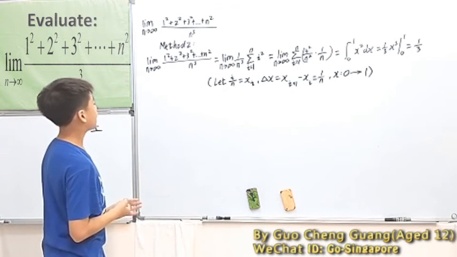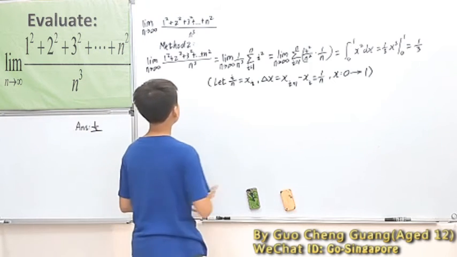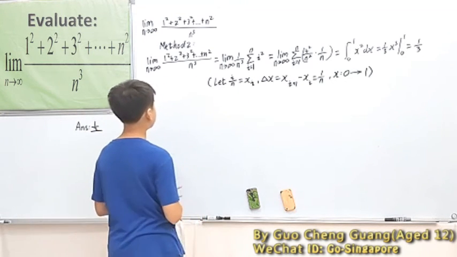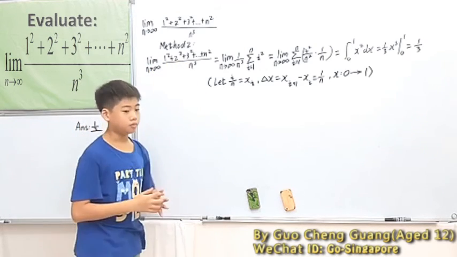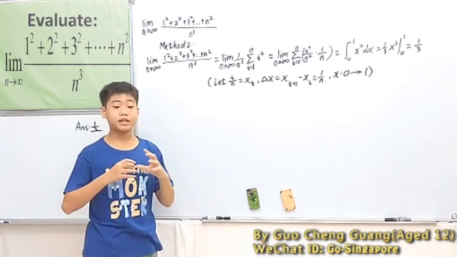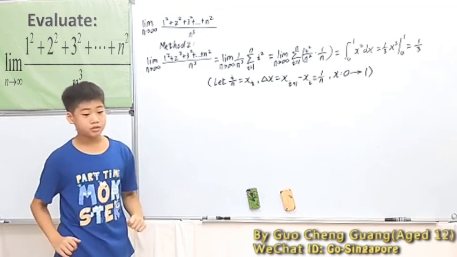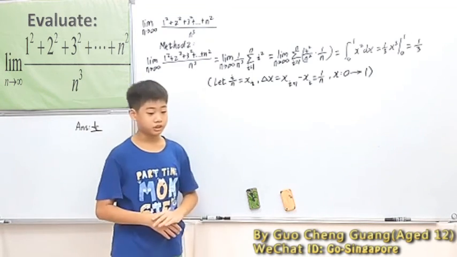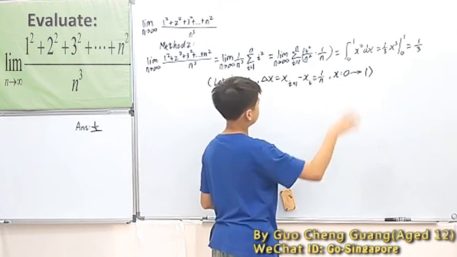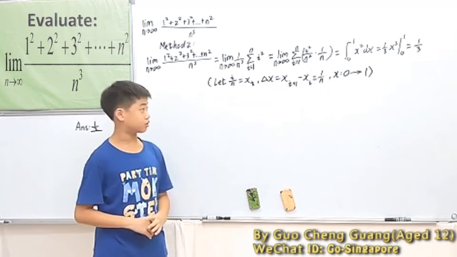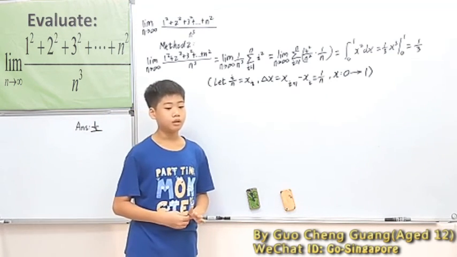Okay, so what types of methods have we used? So first, you change this from writing it in our normal way, everything plus together, into the sigma notation. Then after that is to change it into definite integral and then solve it and sub in.